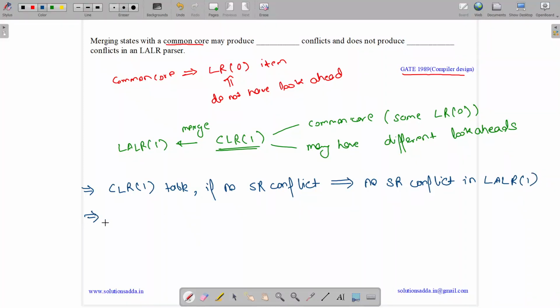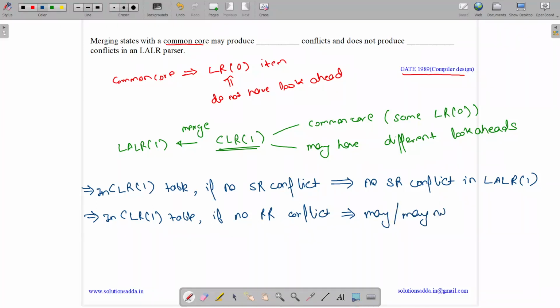And the second observation is, in the CLR1 table, if no RR conflict is there, then there may or may not be an RR conflict in LALR1.